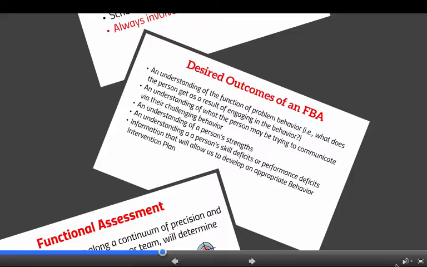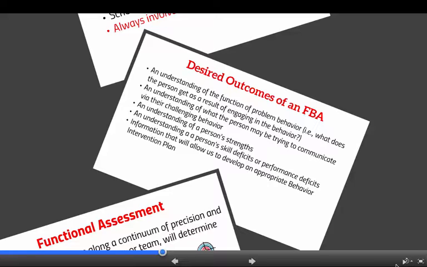Through our work with individuals and through our evaluation of individuals, we not only want to know about their deficits or where they're falling short with respect to skills, knowledge, and abilities, we also want to know what their strengths are, because it's building upon strengths that really allows us to bring a person along in a dignified way, in a very respectful way, and in a very helpful way.